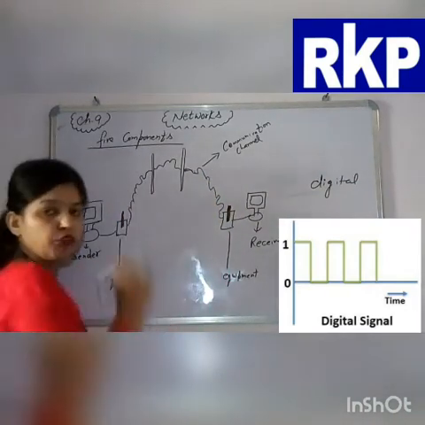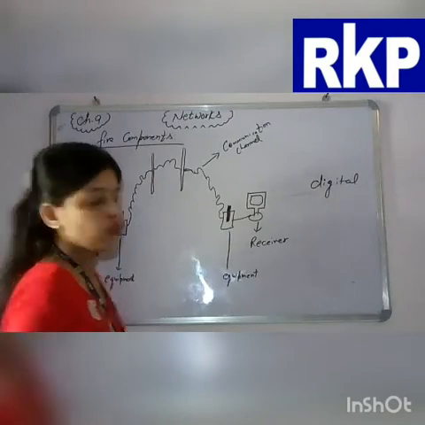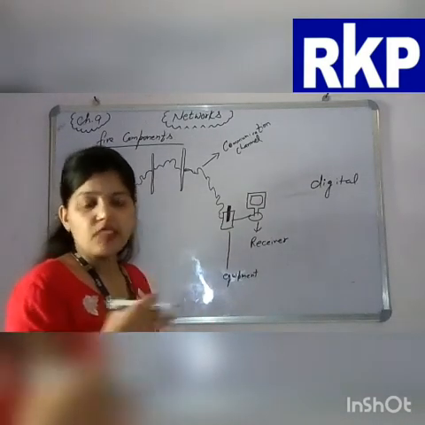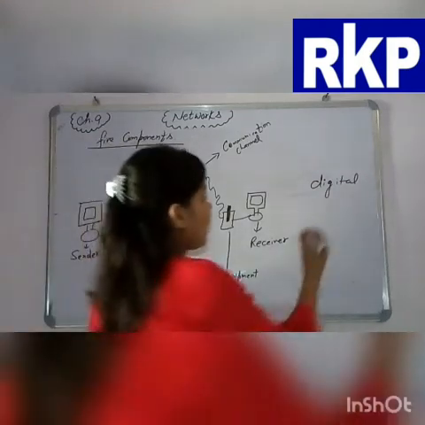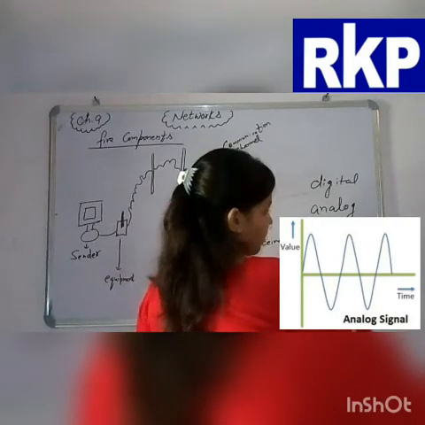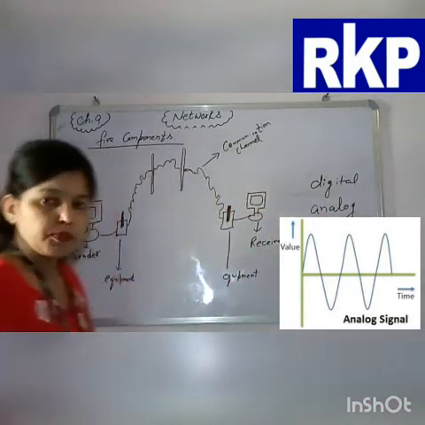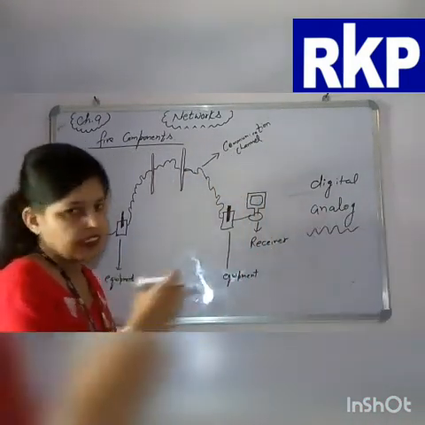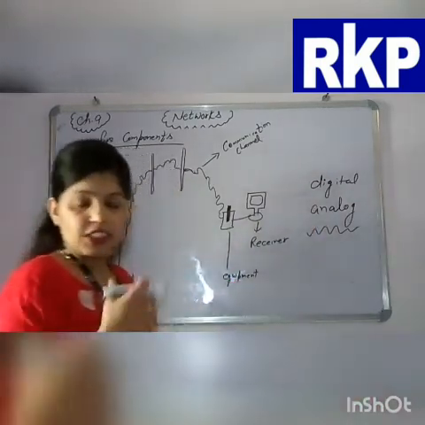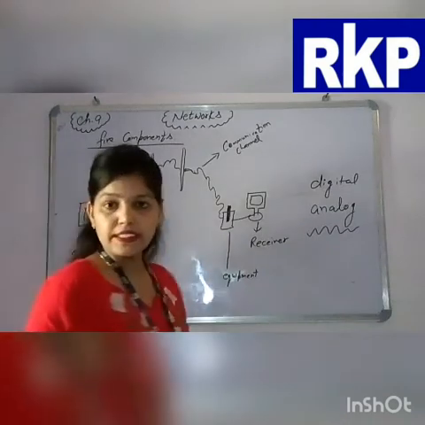Here we are using wire medium. You know that in wire, data will transfer in analog signal form, like this. Computer can store or understand digital signals, but wire can transfer the data by using analog signals.